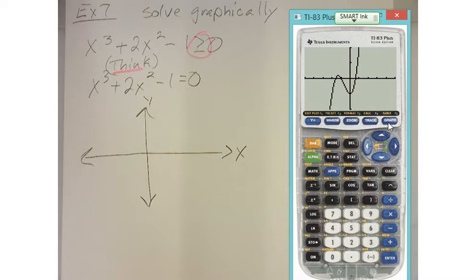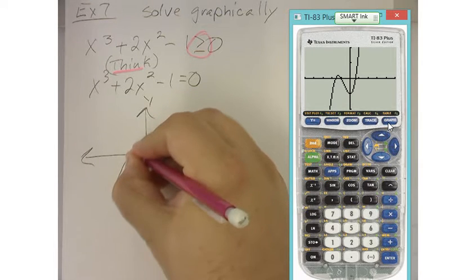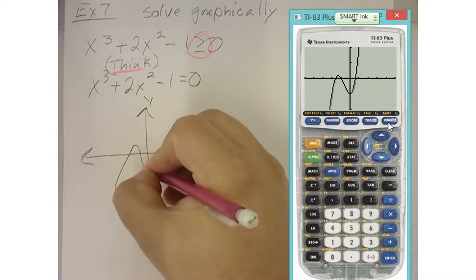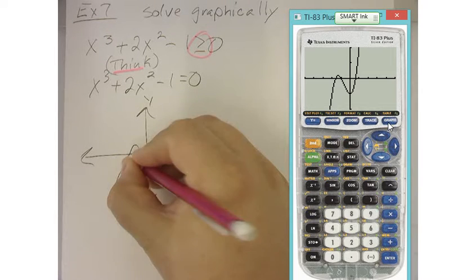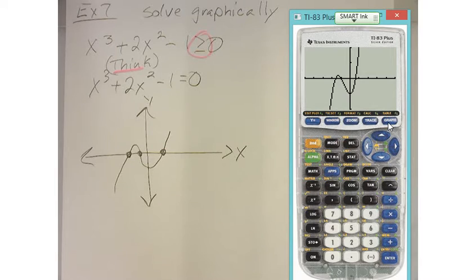What I have is a graph that swoops through here, comes down like this, and comes out. So I'm looking for these three intercepts, and we'll solve that graphically in a second.